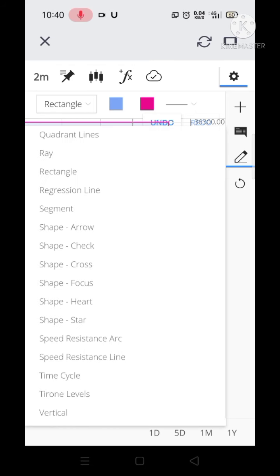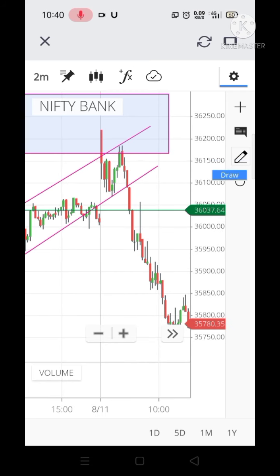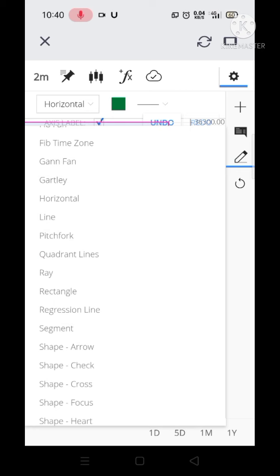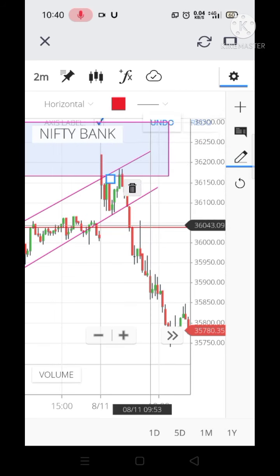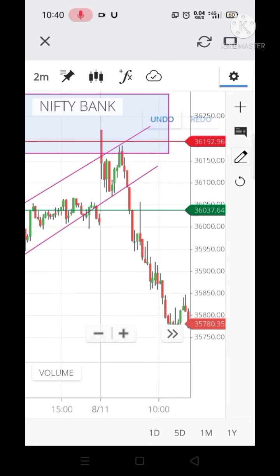I will mark my entry with a green line as always. So my entry was at 9:39. My stop loss was just above the previous swing high, which I will mark in red. So this was the previous swing high, and my stop loss was this.